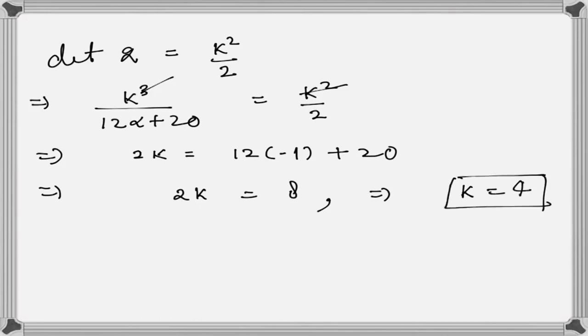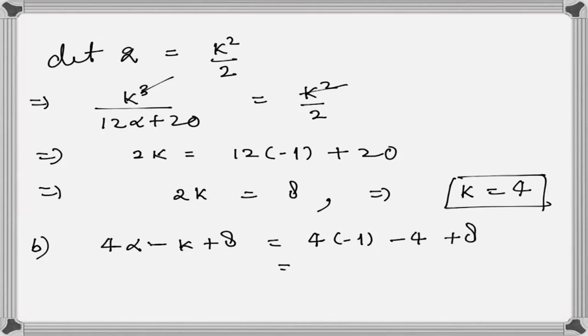So we know K is 4 and alpha is minus 1. Then for part B we can just verify that 4 alpha minus K plus 8 is 4 into minus 1, which is minus 4 plus 8, which is nothing but 0. Alright, so part B is done.